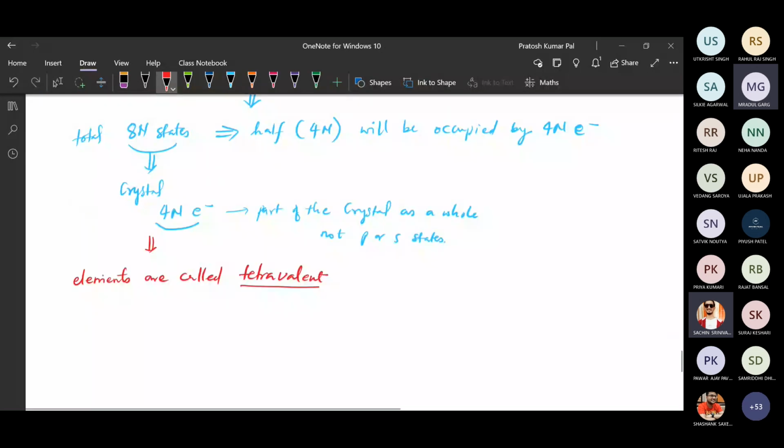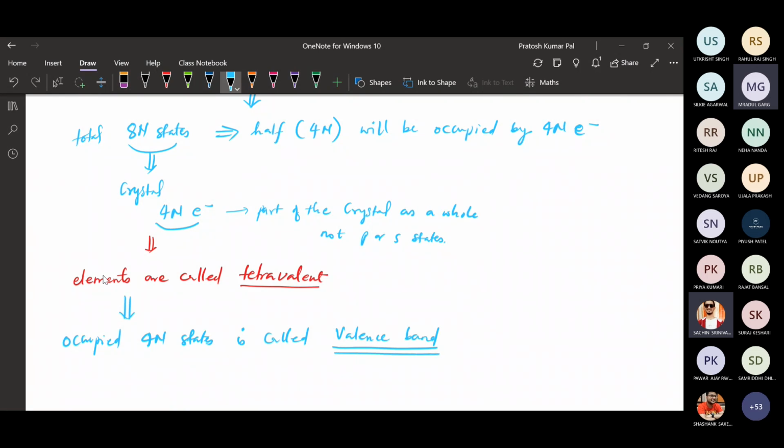And as 4n states are occupied and 4n states are empty, these occupied 4n states are called the valence band.